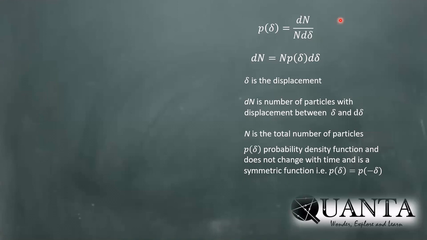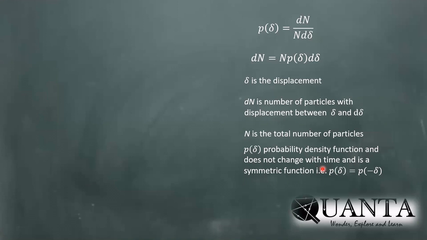To our probability density function, let's add two simplifying things. First, the probability density function does not depend on time. It does not change with time, so the fraction of particles in a given displacement interval stays constant throughout time. Second, the function is symmetric, so it doesn't differentiate between positive and negative displacement.